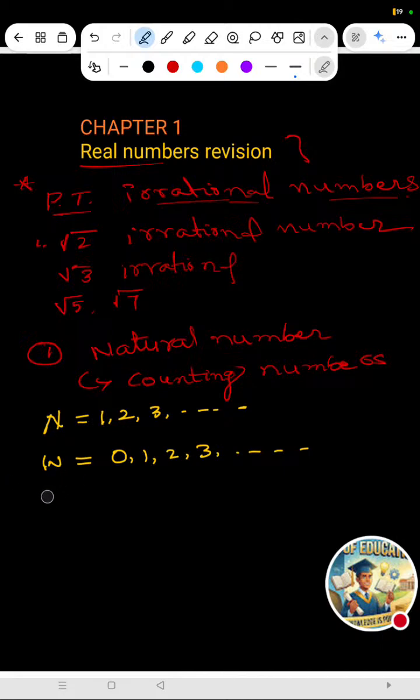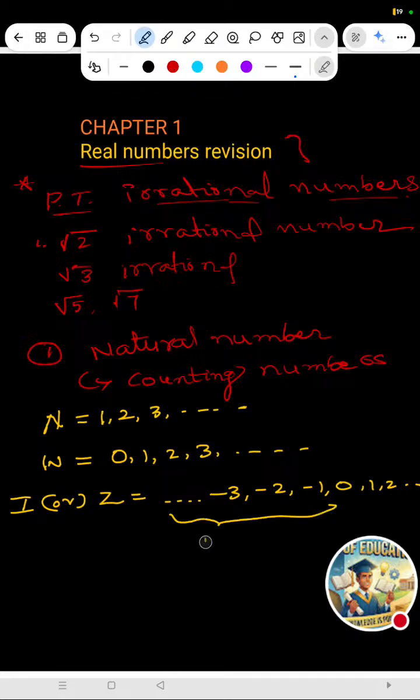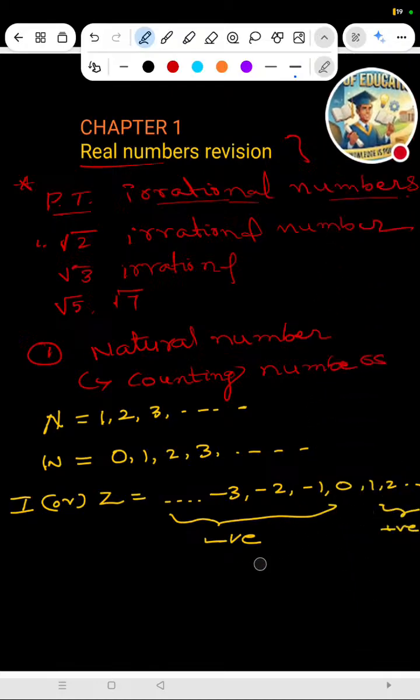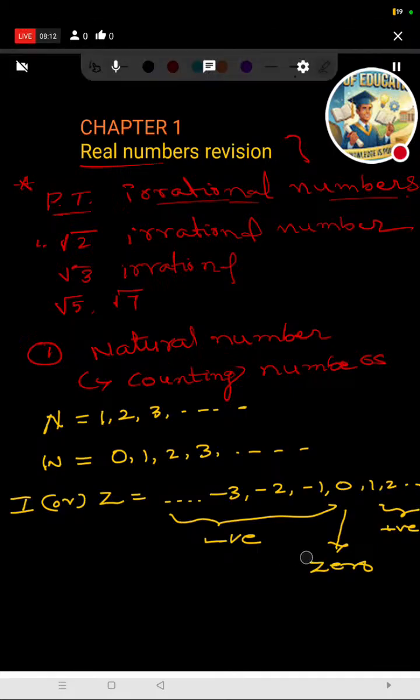Then after whole numbers there are integers, denoted with the letter I or Z. Integers include negative numbers -3, -2, -1, then 0, and positive numbers 1, 2 and so on. We call this set the integers.